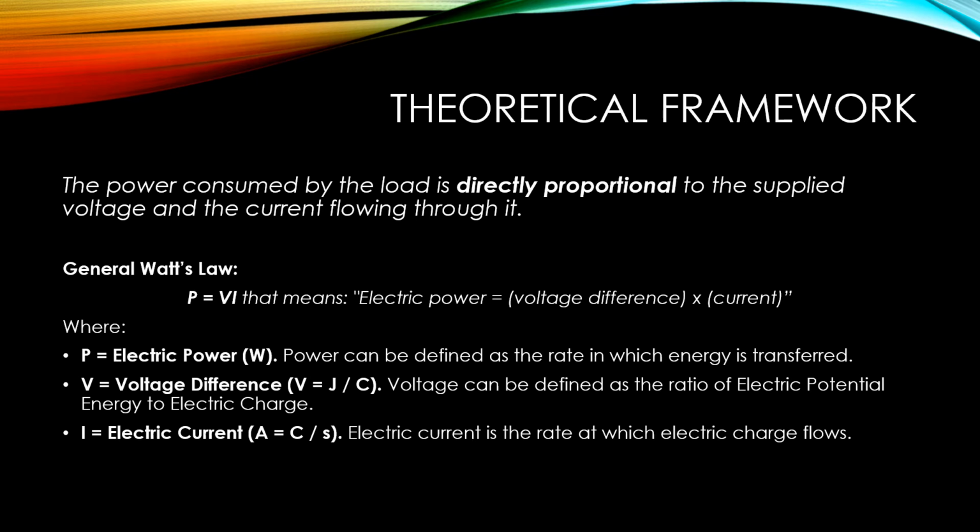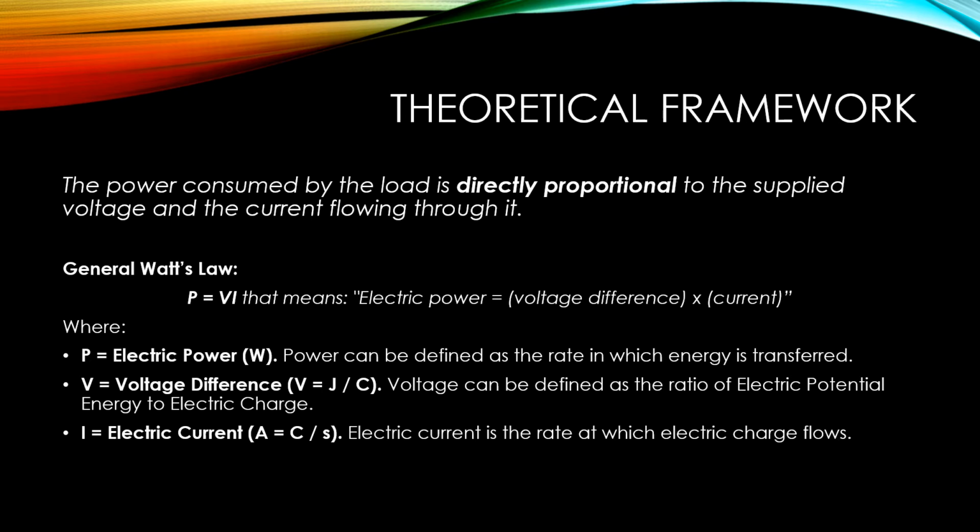To better understand my project, it is necessary to know some theory. In this case, it is the general Watts law. The general Watts law says that the power consumed by the load is directly proportional to the supplied voltage and the current flowing through it. The formula is power equals voltage difference times the electric current.